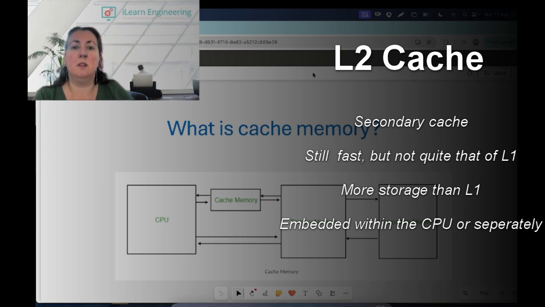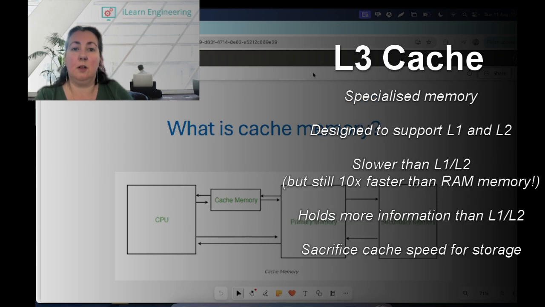And then the final level is our L3 cache. It's specialized memory, designed to improve the performance of L1 and L2 cache. It's slower than them, but it holds a lot more. So instead of us having to store a lot of things in L1 and L2 and potentially slow them down, we store them in L3.